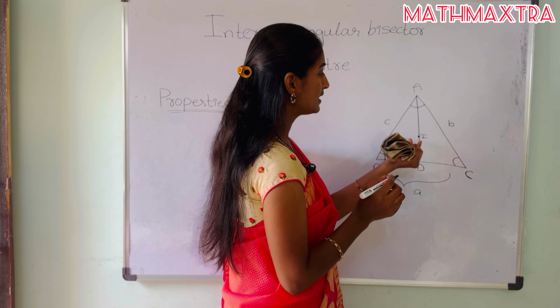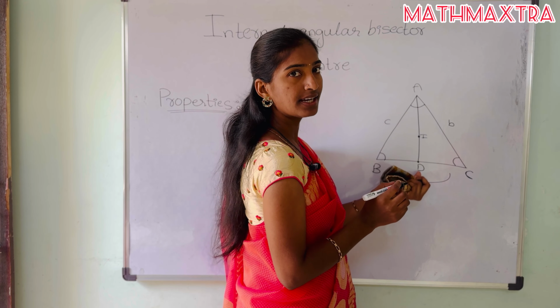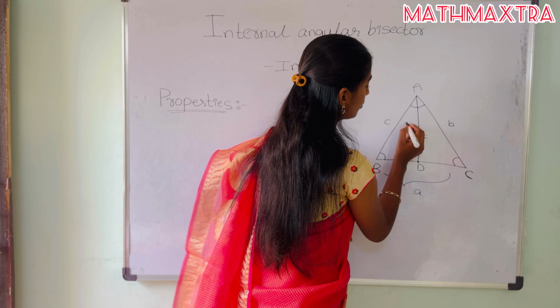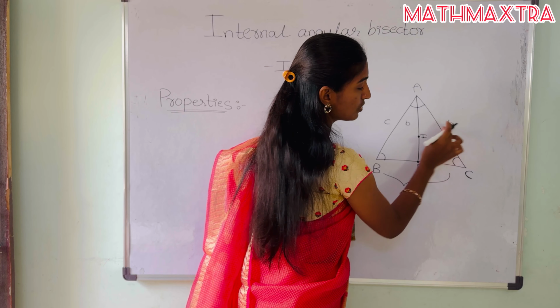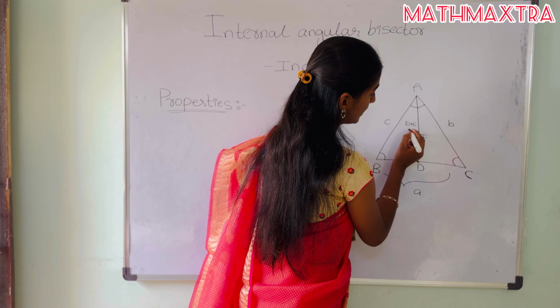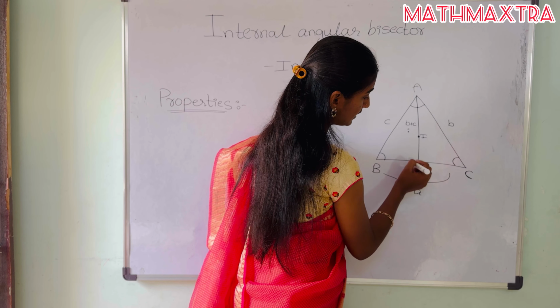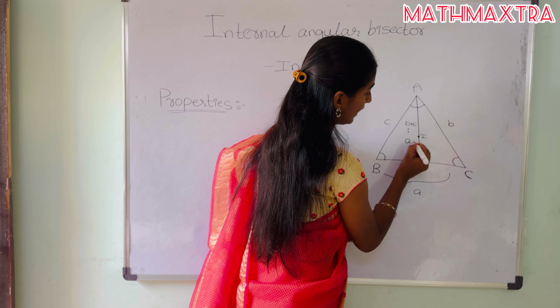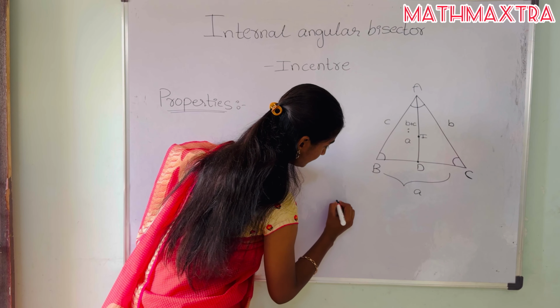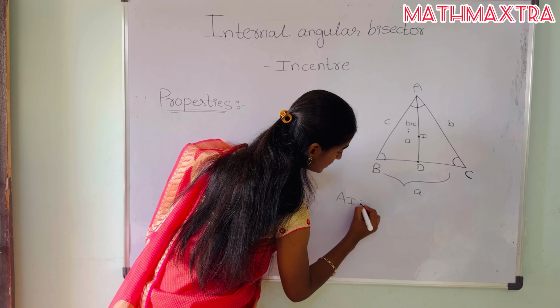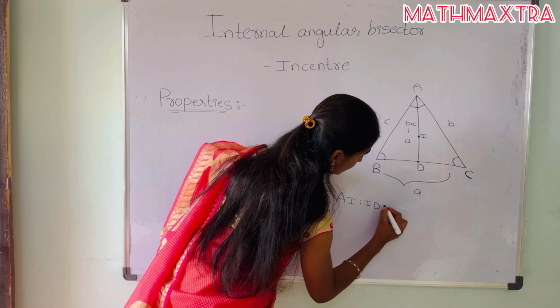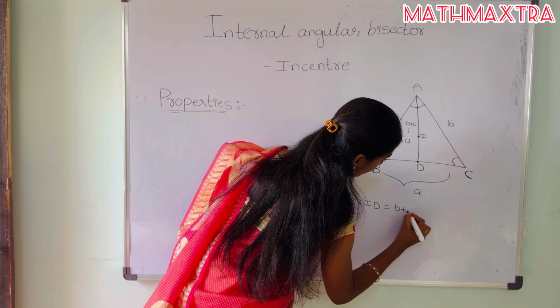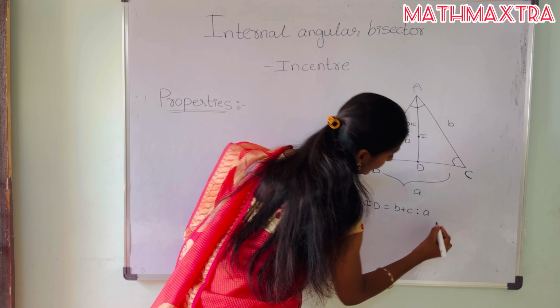So now this incenter divides this internal angular bisector in the ratio of the sum of these two sides, that is b plus c, is to the other side a. AI is to ID, which is equal to b plus c is to a.